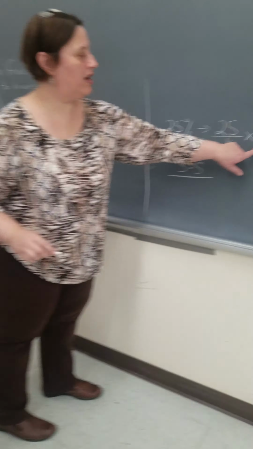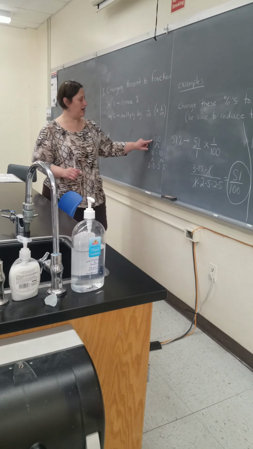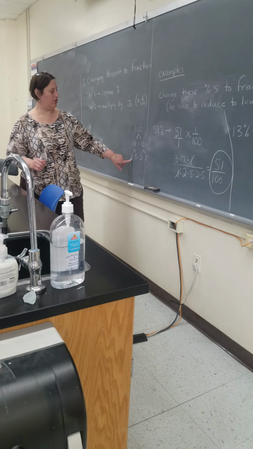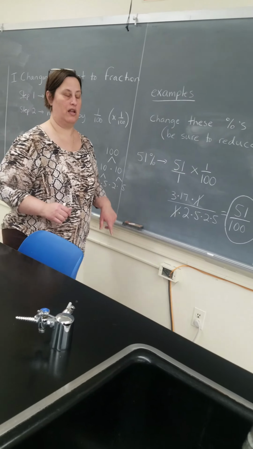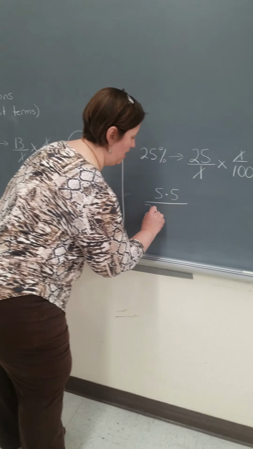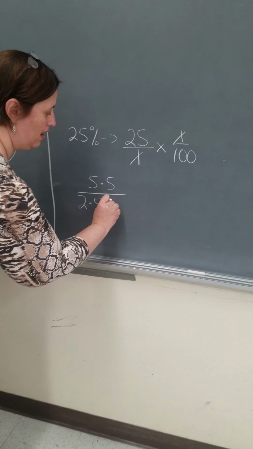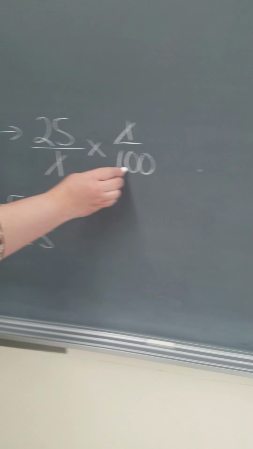And 100, if you recall from over here, this is going to be handy to know. 100 is 2 times 5 times 2 times 5. And this comes from the 100 here.